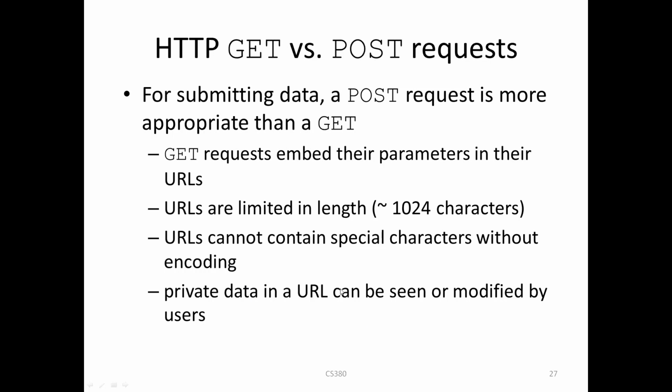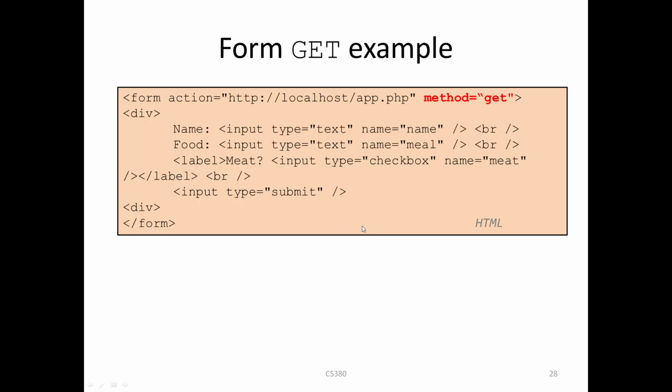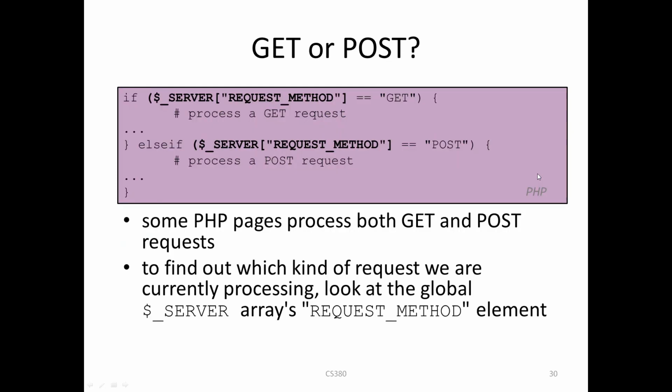So the user can see and modify that particular parameter, and it's not always suitable for different types of data. I already showed you how to change it to post, so I can change it to post and it sends things using post.